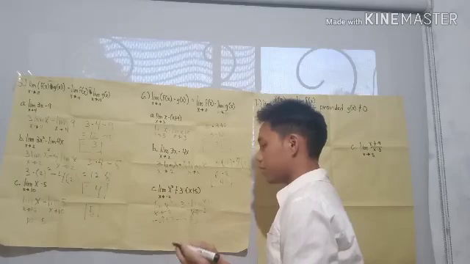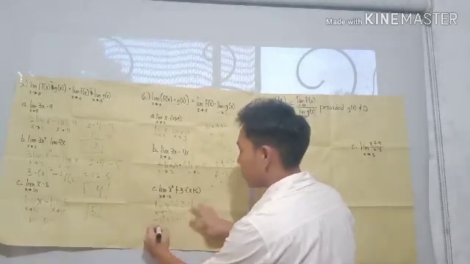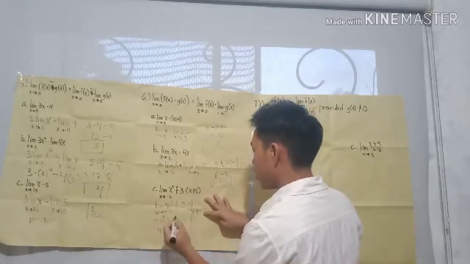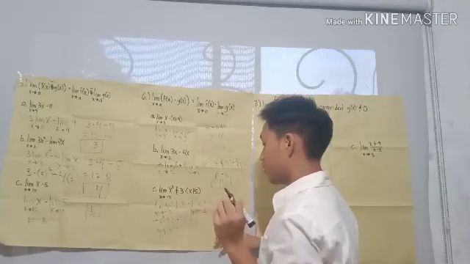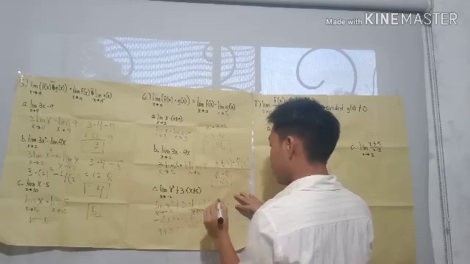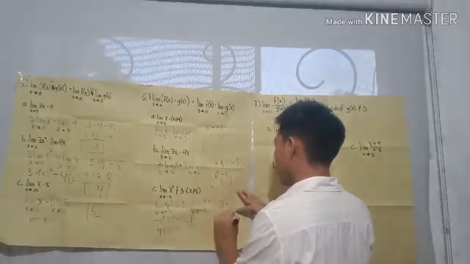We evaluate the exponent. Negative 2 times negative 2 is equal to positive 4 plus 3 multiplied by negative 2 plus 5. So we will get 7 multiplied by 3, and the answer is 21.